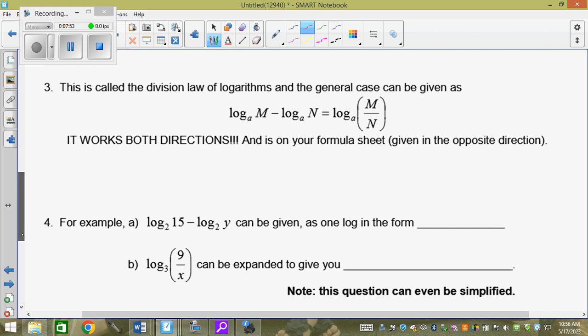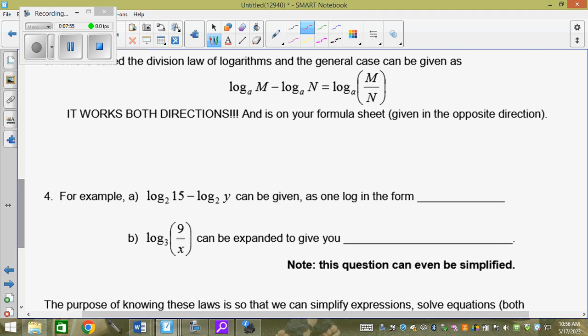So let's look at this one here. Log base 2 of 15 minus log base 2 of y. I have to have 2 things happen before I can put them together. I have to have 1s in front, whether it be a plus 1 or a minus 1, and base 2. When I have that, then I can put them together, so I get them as a single logarithm.